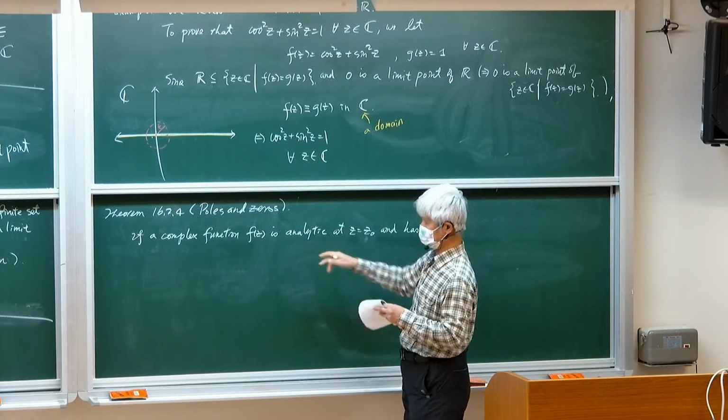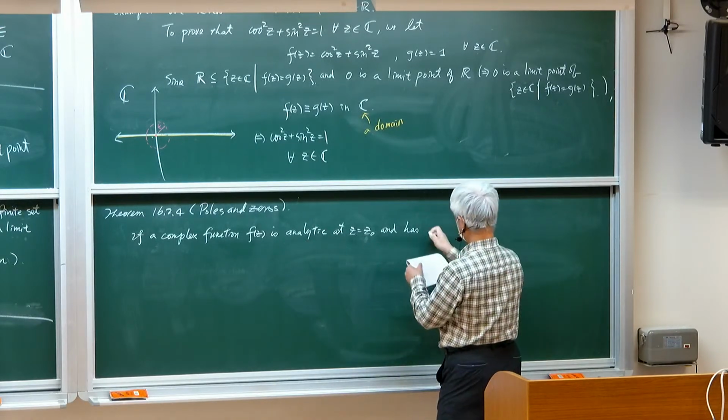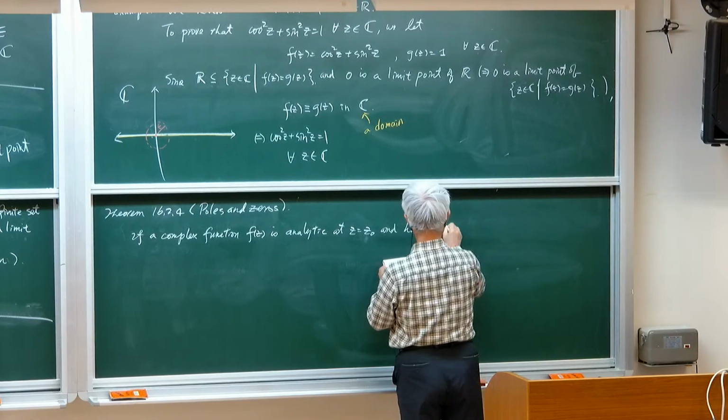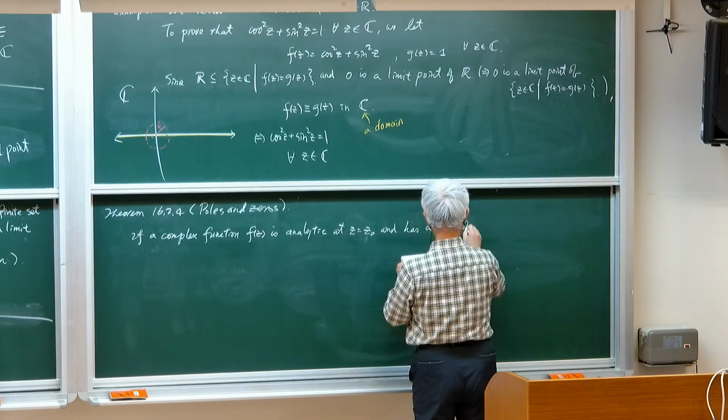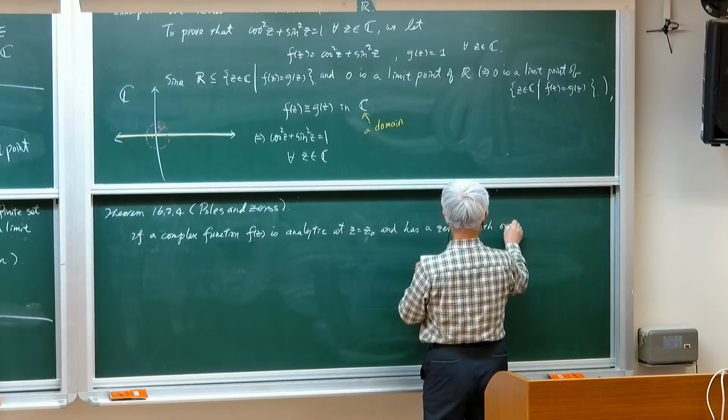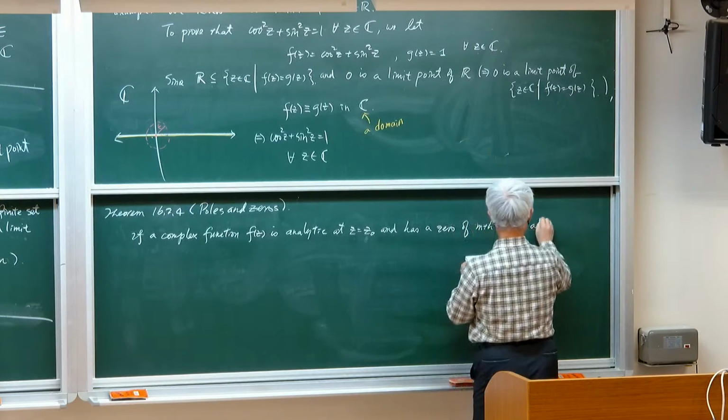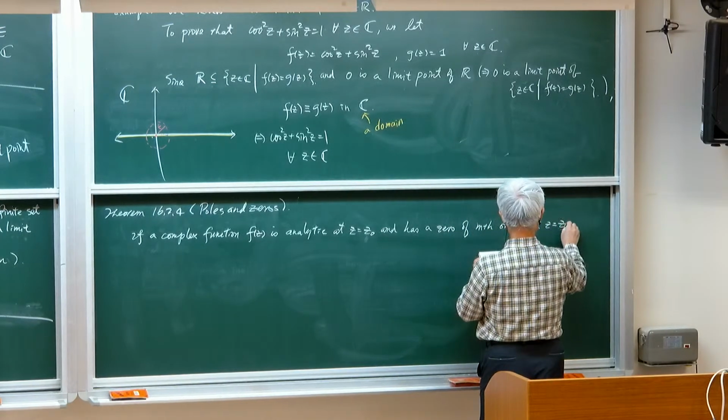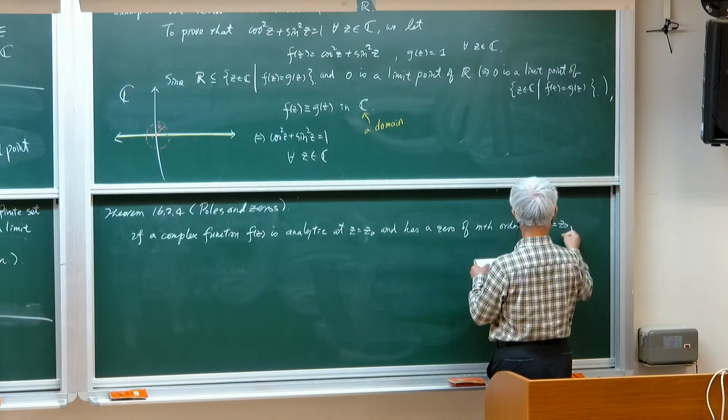That is the meaning of analytic at the point. And it has a zero of finite order, say m, at this point.